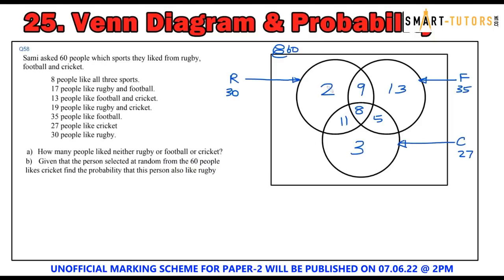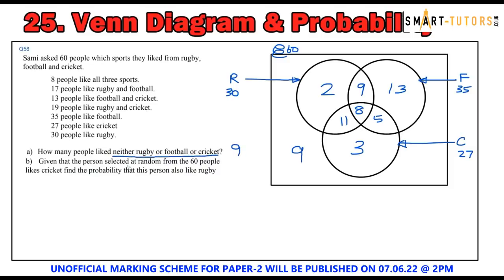Altogether, if you add all the numbers, 35 in the football circle, 35 plus 3 is 38, 40, 51. 60 take away 51 is going to be 9 outside the circle. How many people like neither rugby nor football nor cricket? 9 is the correct answer.